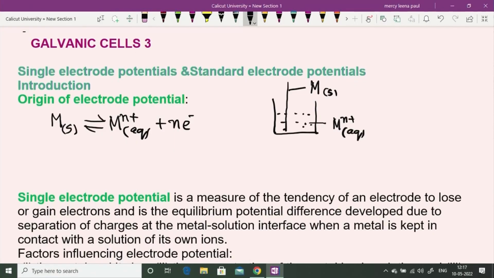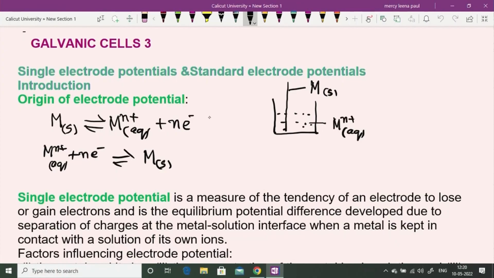This is one tendency. At the same time, the ions present in the solution may take up electrons to form the solid metal and enter the crystal lattice, or you can say that it deposits on the metal part. Here you can see two reactions I have written.